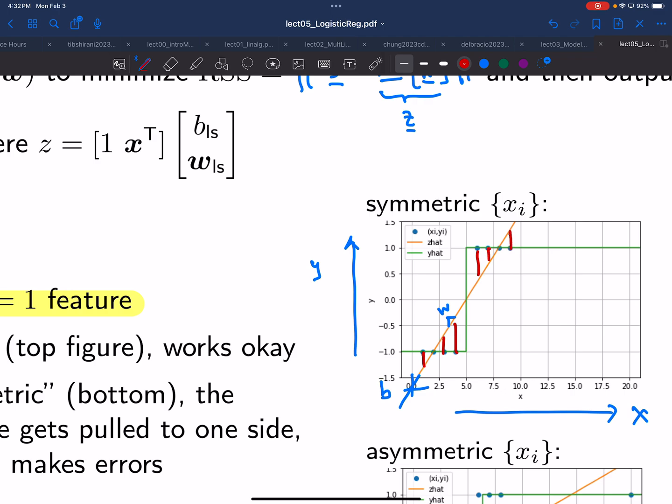Those are the errors between the true and predicted labels. So if you do that, actually things work out quite well. You get this line here. This is the function Z as a function of X. So it's your score. It's what the linear part of this classifier is predicting.